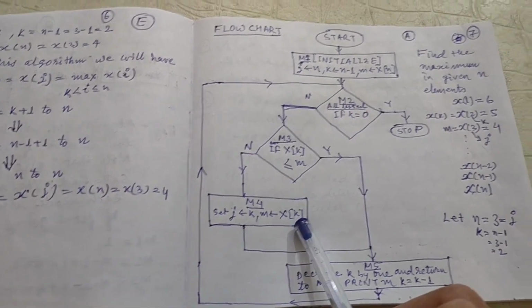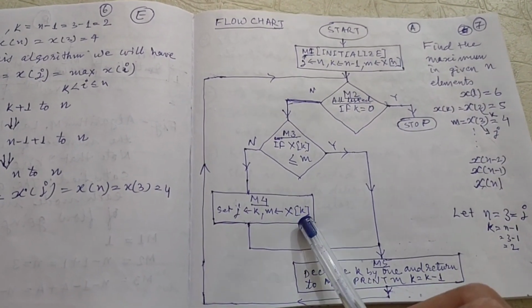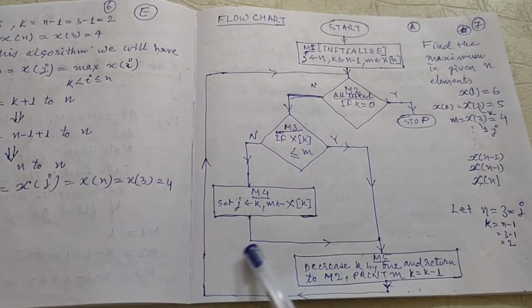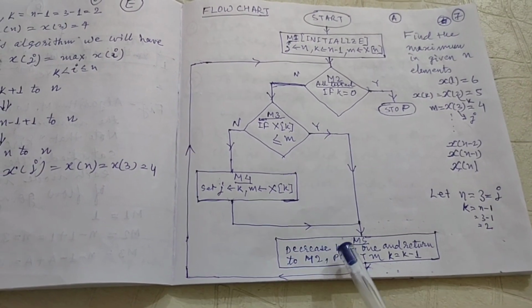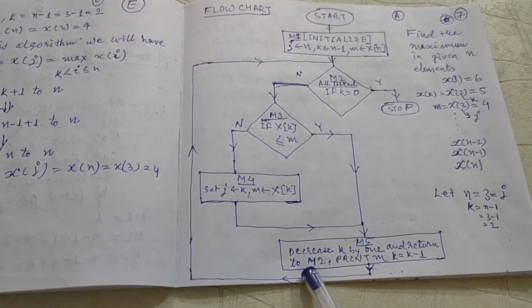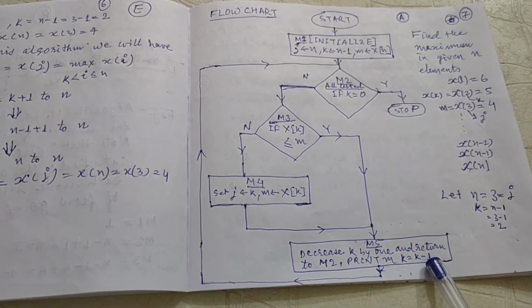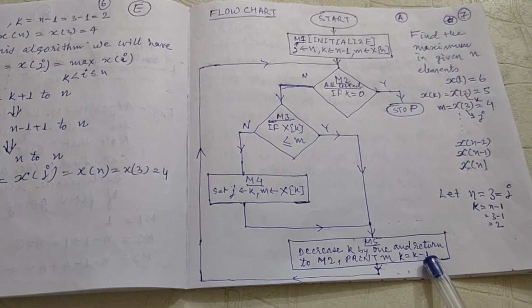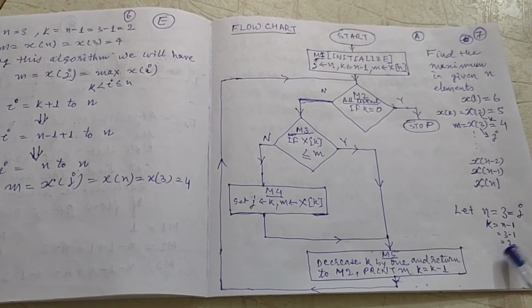What is x2? x2 is 5, so m becomes 5 now. Further, step M5: decrease k by 1 and return to M2. k is equal to k minus 1, so 2 minus 1 is 1.